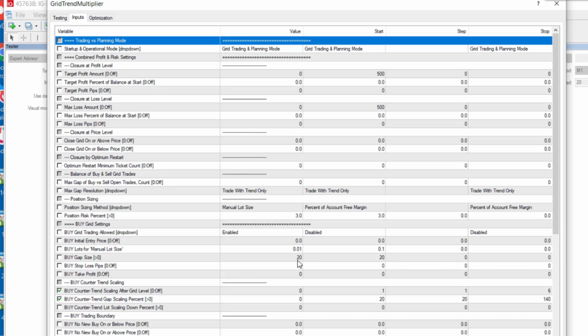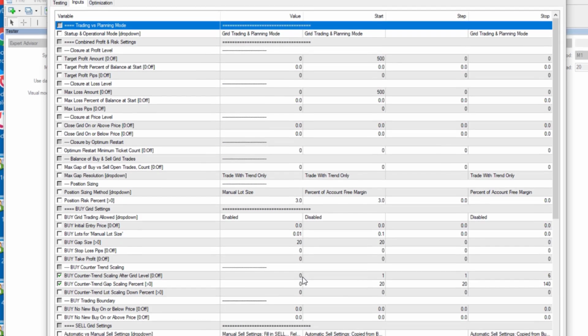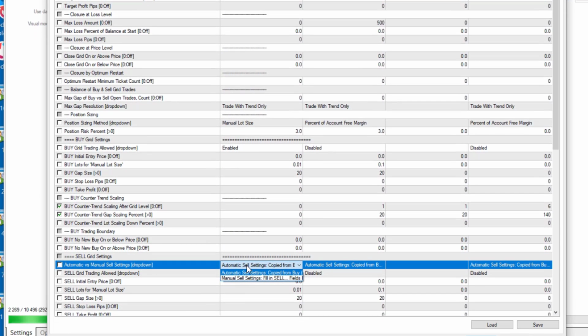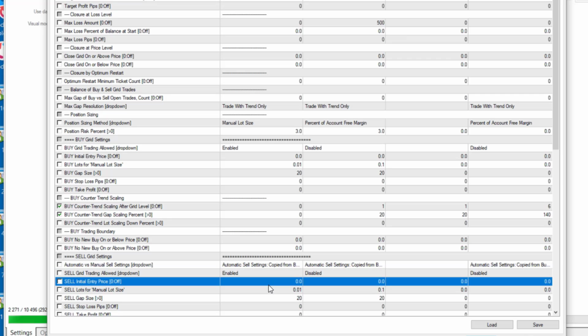The gap size is 20. That is the gap size that was used for the balance setting for the Canadian dollar in the plug and play settings. So I'm going to use this automatic sell setting. In other words, copy whatever's in the buy, copy it to the sell settings. When I do that, all these settings will be copied into the buy anyway.